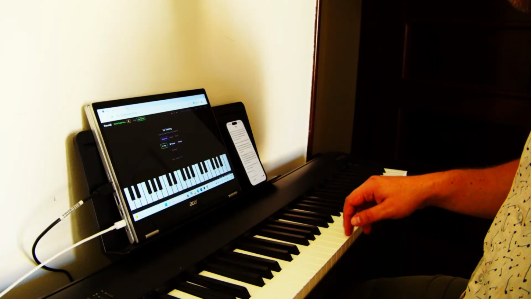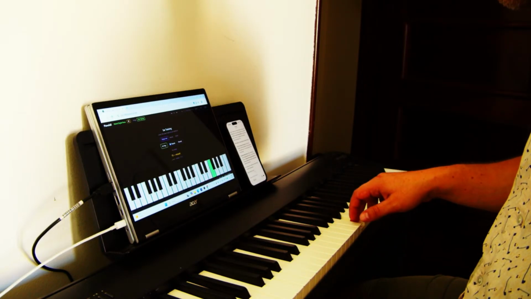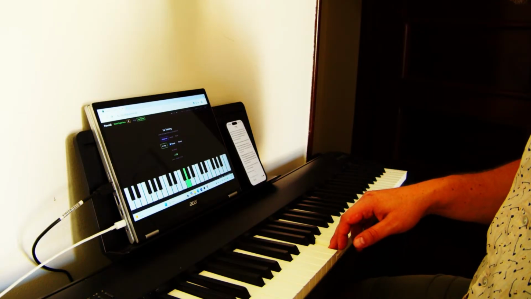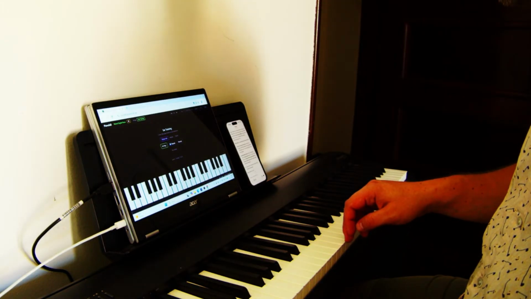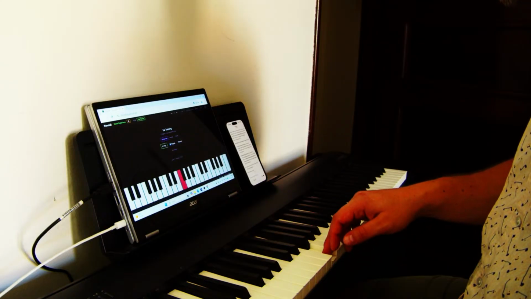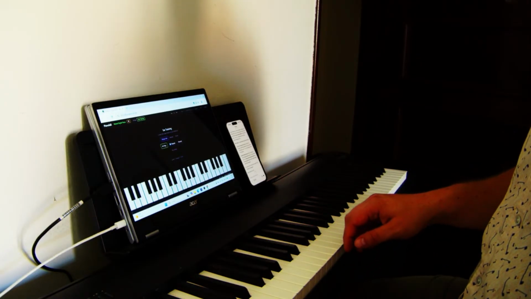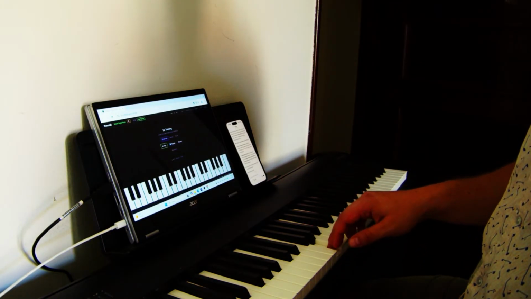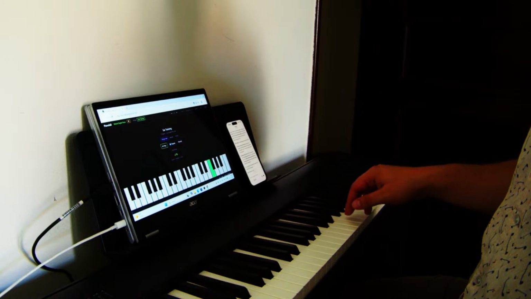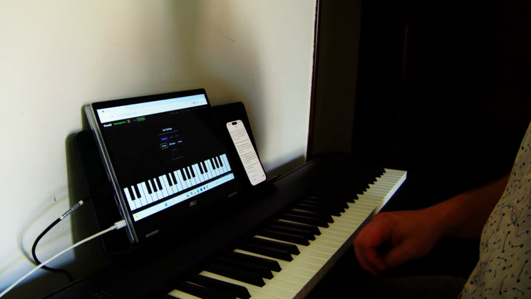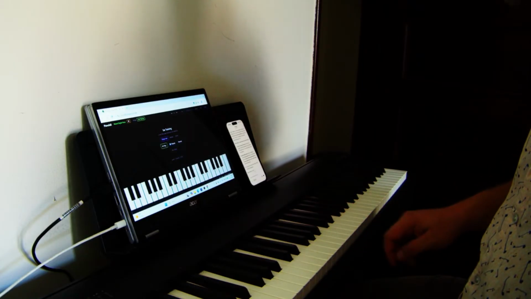I thought it was in this octave, but I don't hear that. Okay, beautiful.